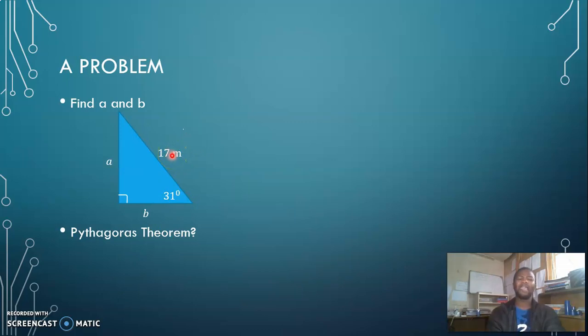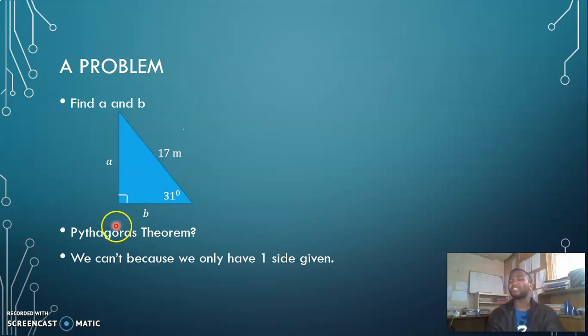Pythagoras theorem can only be used if you are given 2 sides of the right angle triangle. But this time around, you are given this side, and then you are given this angle. So it is one side that is given. So now what are we going to do in this case?